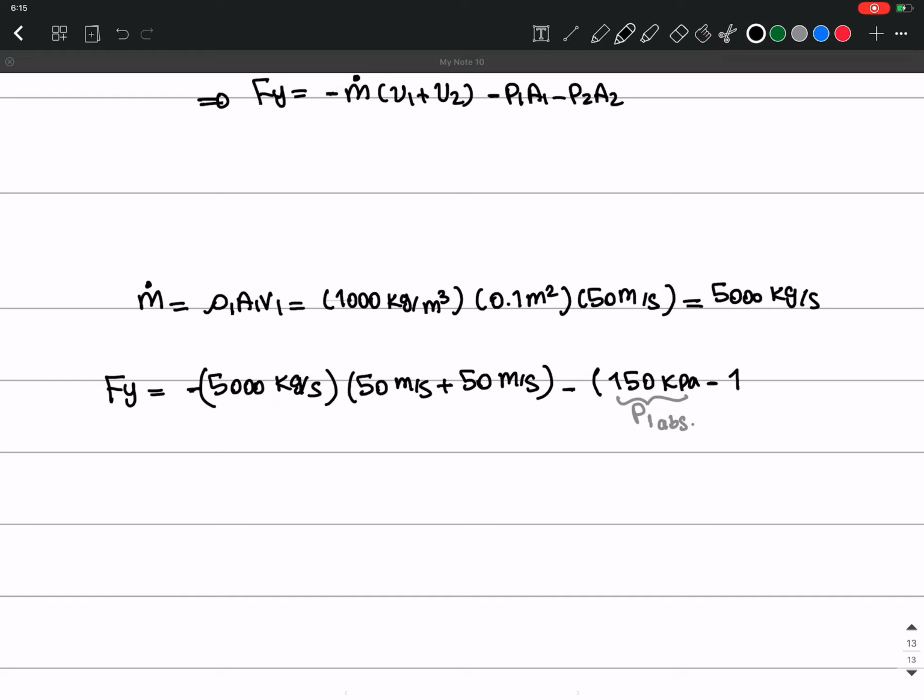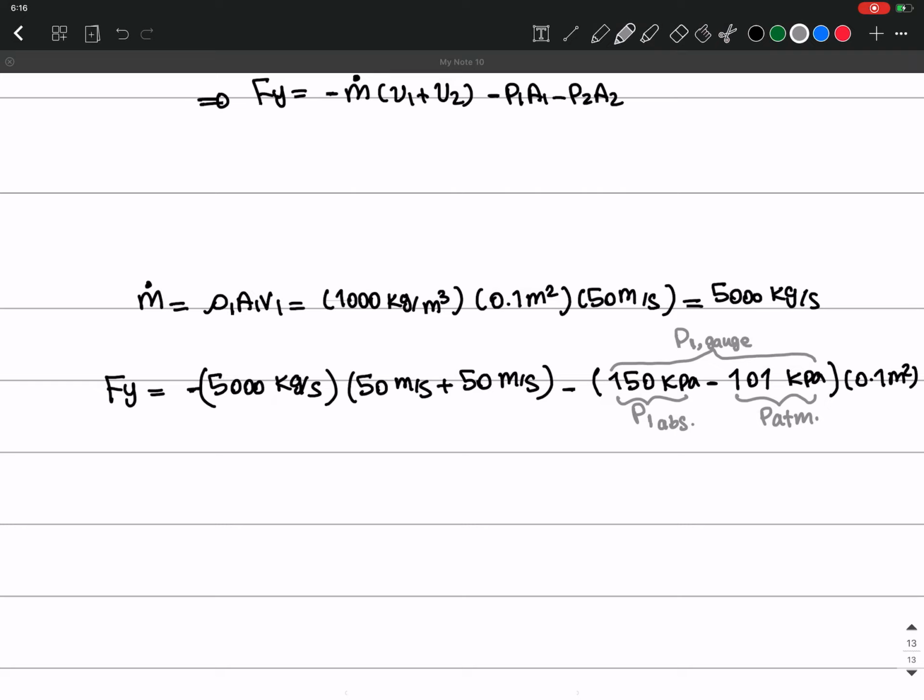And then we have 101 kilopascal, which is the atmospheric pressure, times A1, which is 0.1 meter squared. So the whole thing gives me P1 gauge pressure, and this is what we want here.